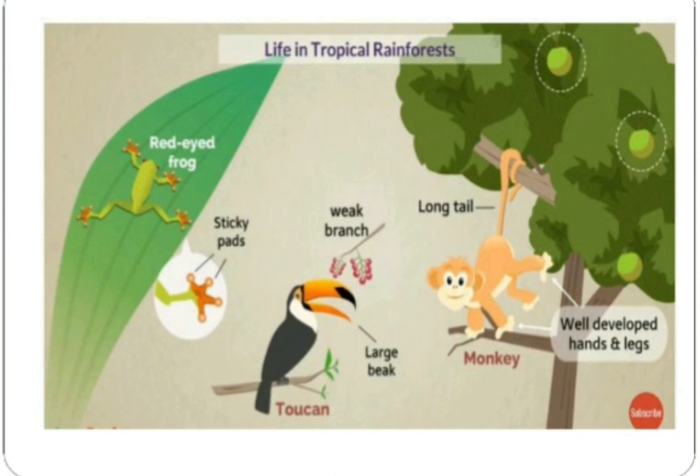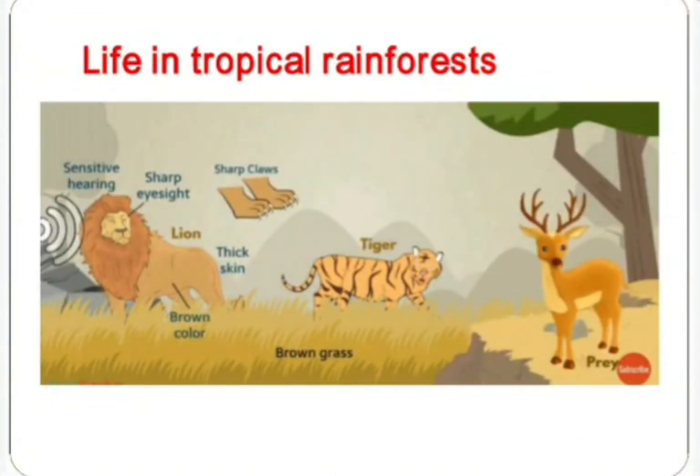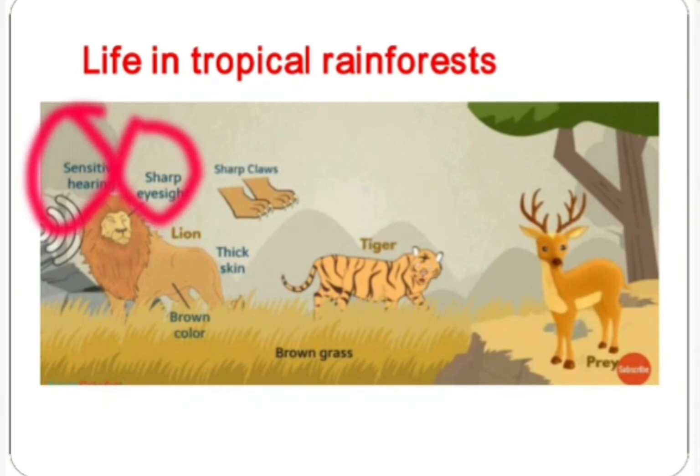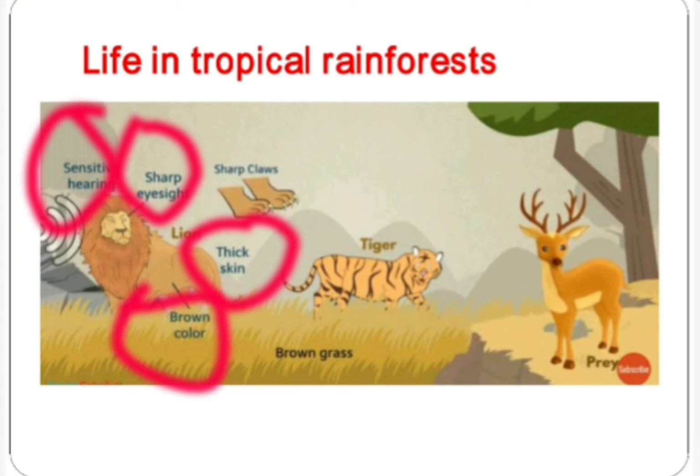Many tropical animals have sensitive hearing, sharp eyesight, thick skin, and skin colors, and sharp claws, which help them camouflage by blending with the surroundings.